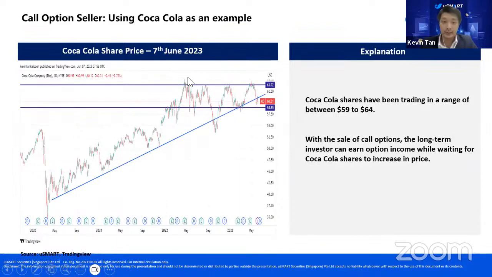So this is one benefit of selling a call option, because you can sell a call option at this $64 price level, and assuming that it doesn't go above $64, you'll get to keep your Coca-Cola shares and all the option income that you generate during this period. And I will show you an example later on of the different possible scenarios that can happen.